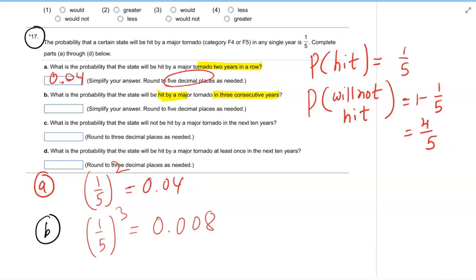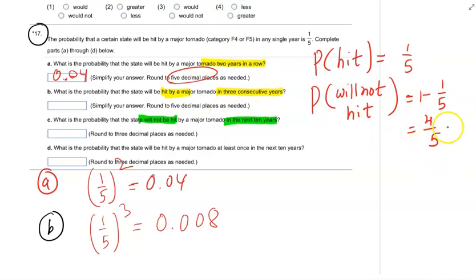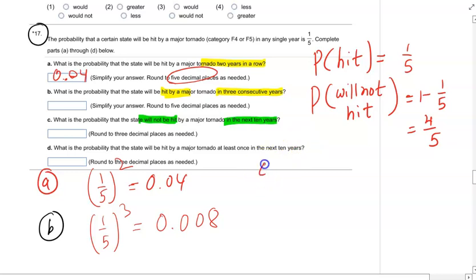For part C, we're looking for the probability that the state will not be hit in the next 10 years. The probability that the tornado does not hit is 4/5. Therefore, for part C, you're looking for 4/5 to the power 10, because you're looking for no hit from next year up to 10 years.